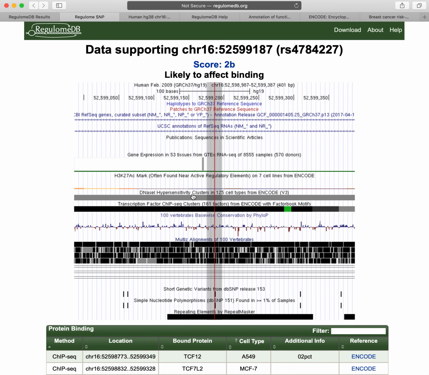The default track here includes DNase I open chromatin states in multiple cell types, and the color implicates the number of cell types in which the region is open.